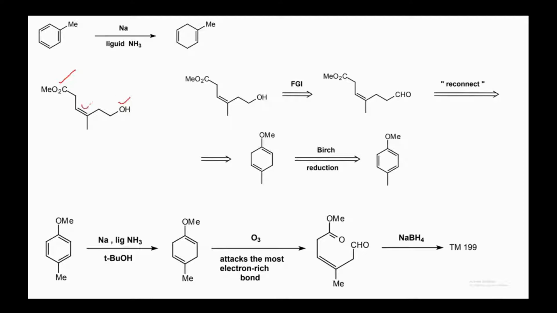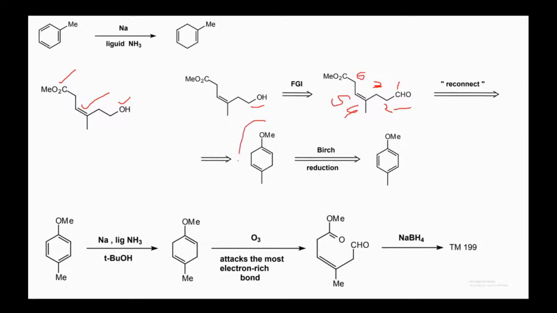So 3 functional groups are present there. What we first do is FGI, we convert this primary alcohol into aldehyde and then do the reconnect strategy. So if you count the relationship between this aldehyde and ester, it's 1,6. 1, 2, 3, 4, 5 and 6.